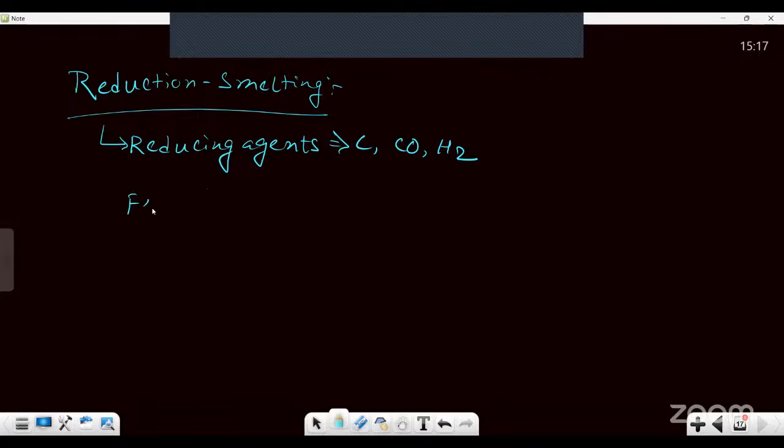Say for example, if we are doing Fe2O3 in the presence of CO, what is going to happen? You will get 2 Fe plus CO2.